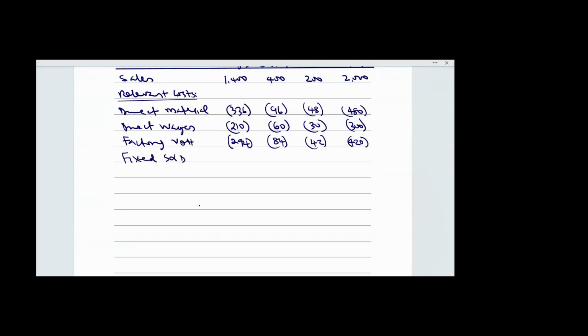Selling expenses. For Lagos we have 80, then 50, then 30, total 160.